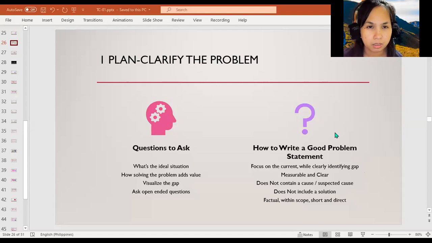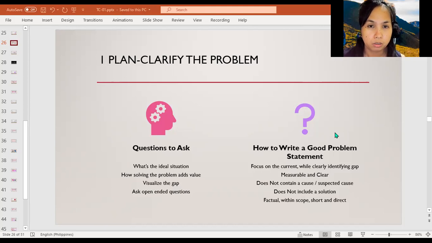And then third, a good problem statement also does not contain a cause or a suspected cause. So for example, assigning the blame for Alpha team's poor on-time delivery to lack of accurate forecast would be an example of assigning a potential cause.